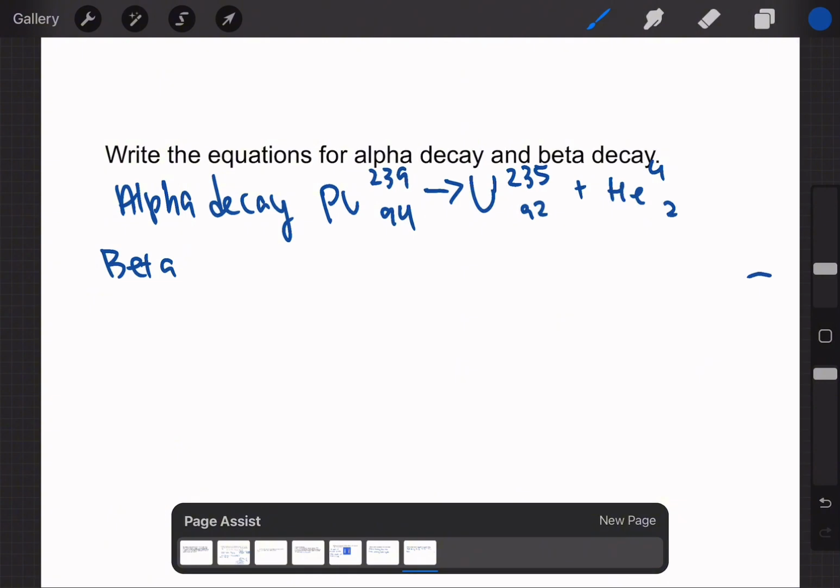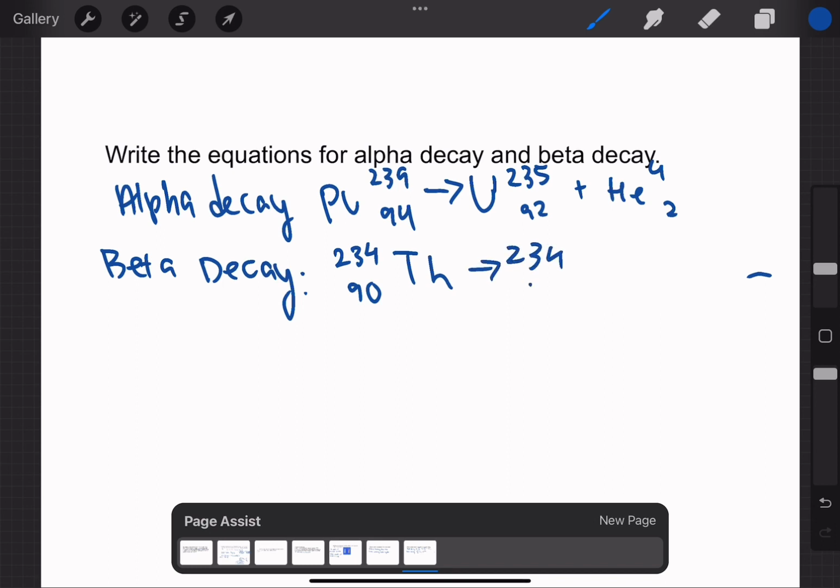And then our beta decay is going to be Th-234, 90, which then turns into Pa-234, 91 plus a beta particle.